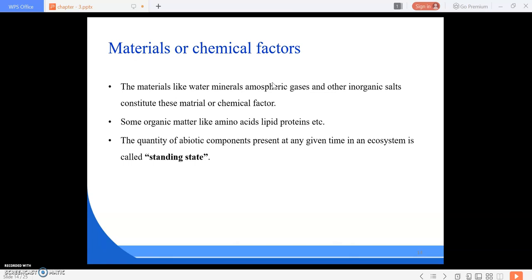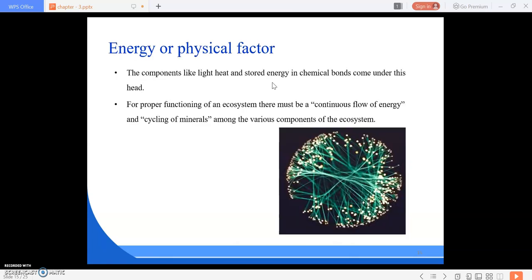The quantity of abiotic components present at any given time in an ecosystem is called our standing state. That is, the quantity of abiotic components present in our ecosystem in a given time period is called the standing state. Understood?